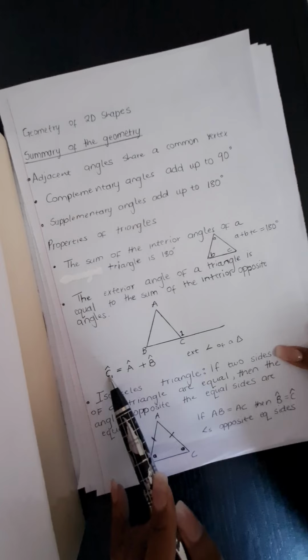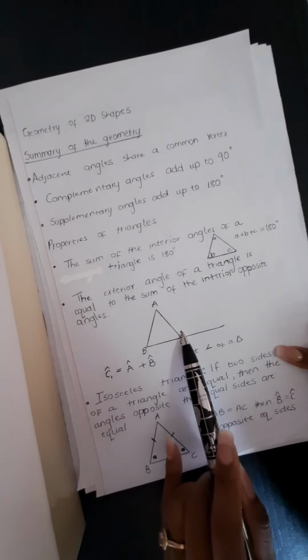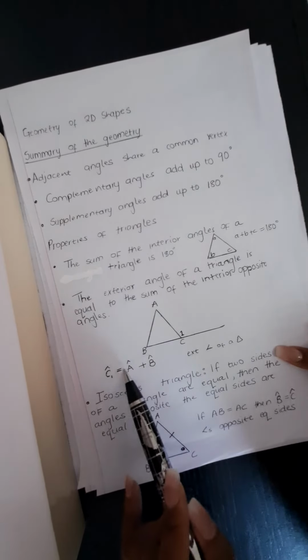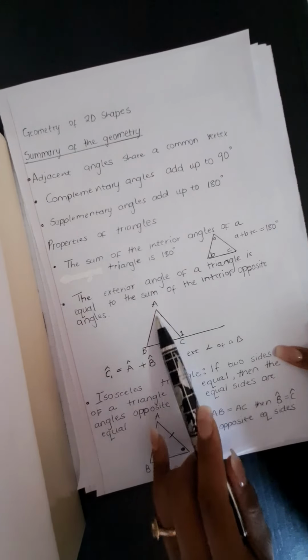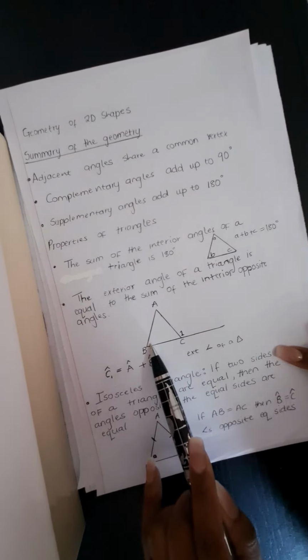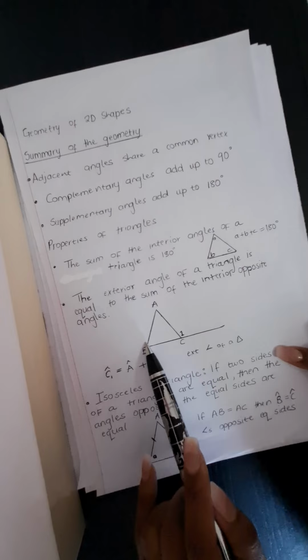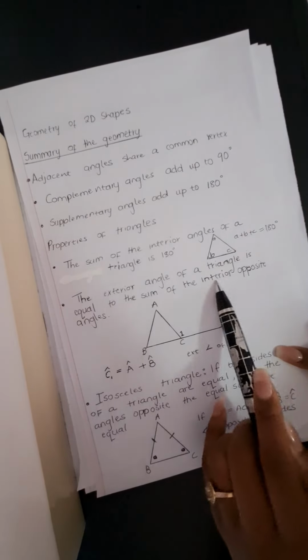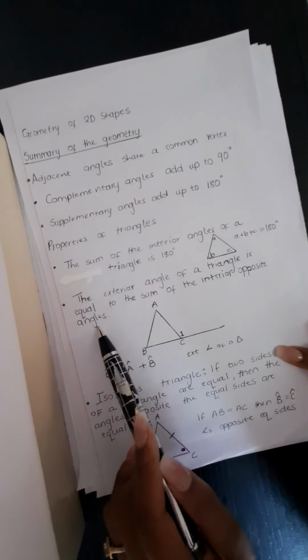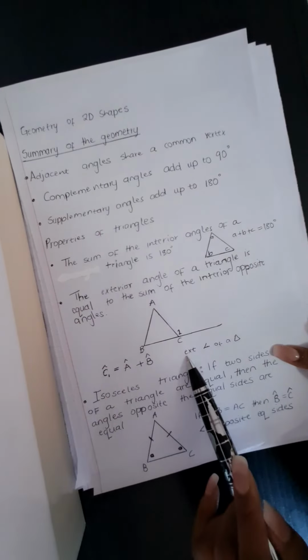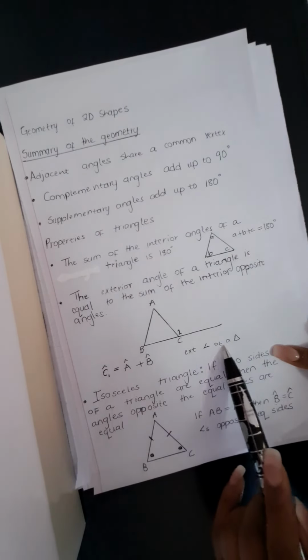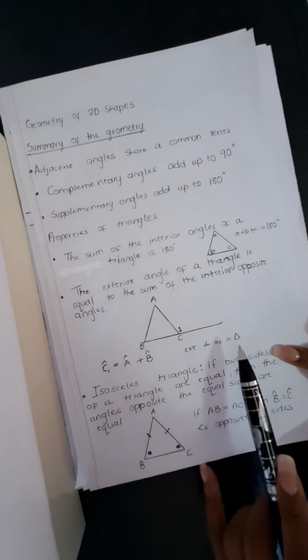So for your statement, angle C1, which is this one, should be equal to angle A plus angle B, because angle A and B are your interior opposite angles. And then your reason will be exterior angle of a triangle.